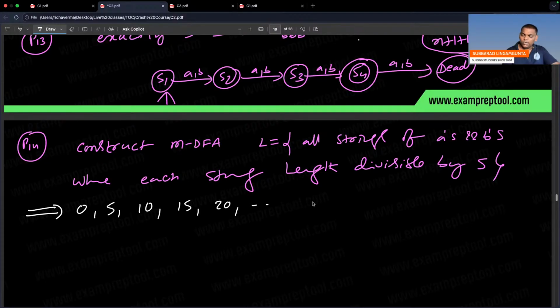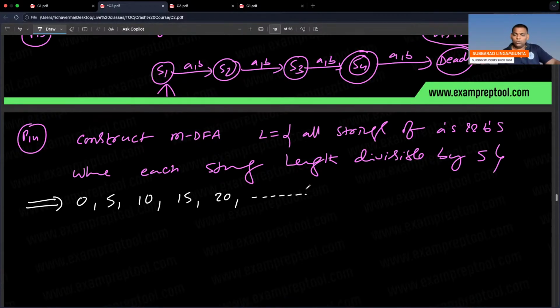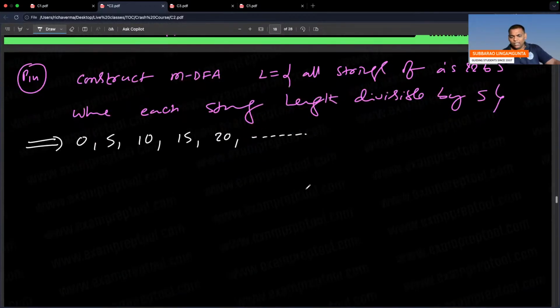Be careful, first understand: lengths only matter here, what string doesn't matter. Just count length. 0 length okay, 5 length okay, 10 length okay, 15 length. So remember, 0 length is accepted. Everyone understand?